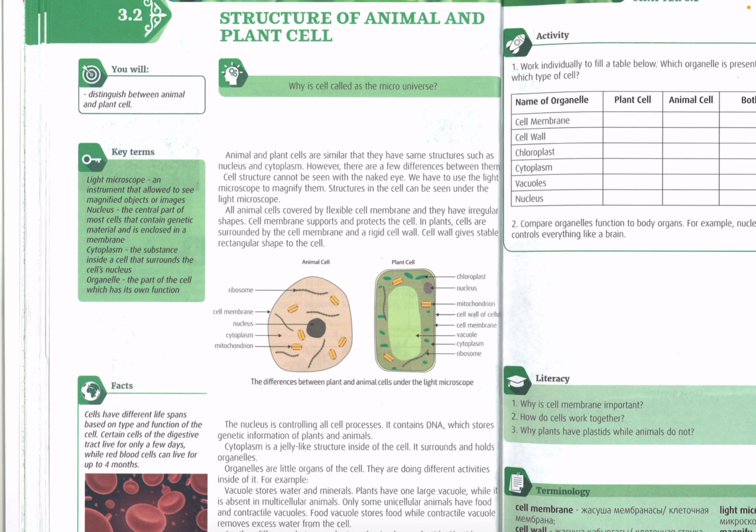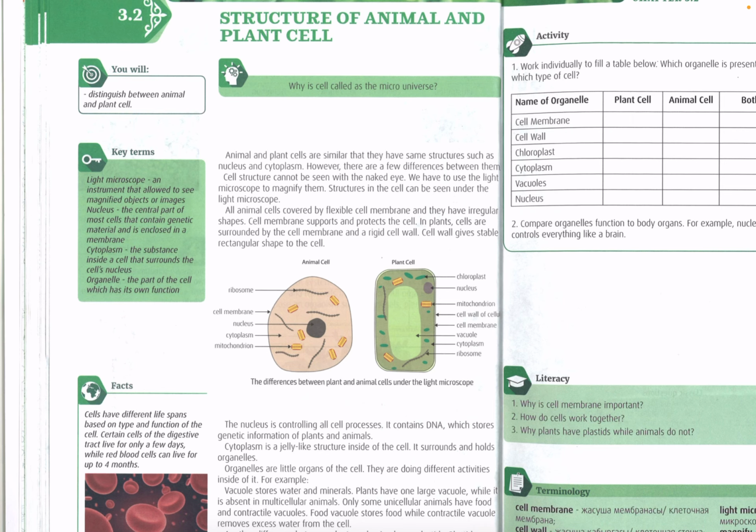This boss DNA is surrounded by the cytoplasm, this gel-like substance, which is covered by the plasma membrane or cell membrane. Клеточная membrane is like a boundary of the cell. And of course, there are a lot of workers inside of the cell. We have ribosomes. So ribosomes are necessary for production of different proteins.